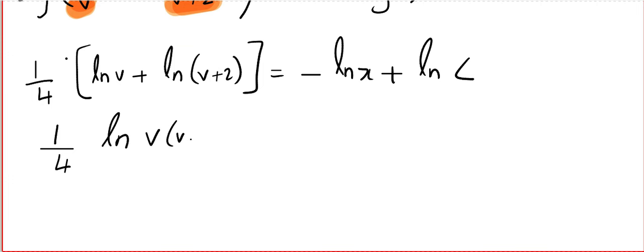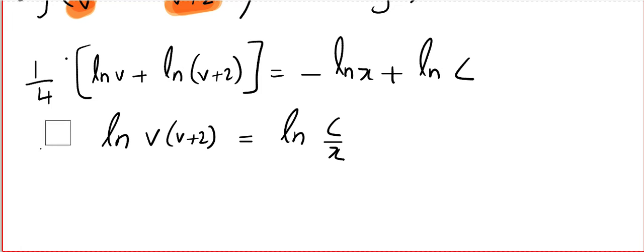Log a into b is equal to, what is log a minus log b? We can cross multiply here. I'll take this 4 to this side, and you know that this 4 will jump here. So don't skip steps in your examination.